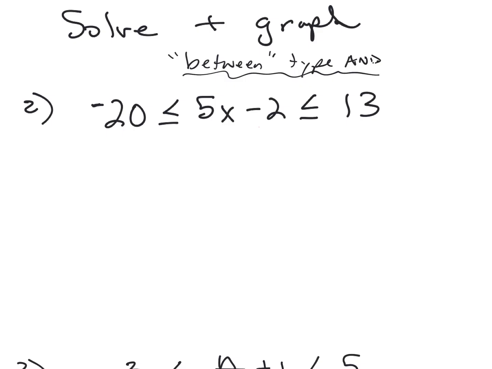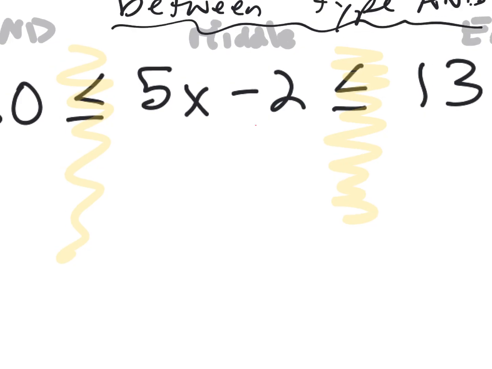So once again, you might find it easier to emphasize that we are solving two simultaneously. You can think of this as being the one end and this being the other end, and then you have the middle. And we're trying to get x in the middle to be by itself. So wouldn't we add 2?